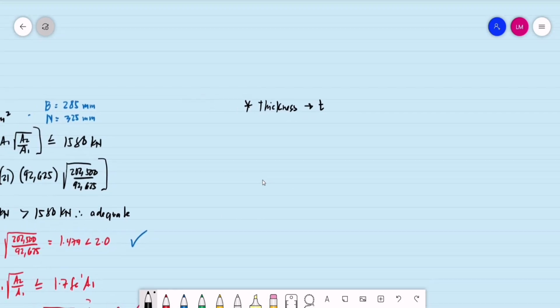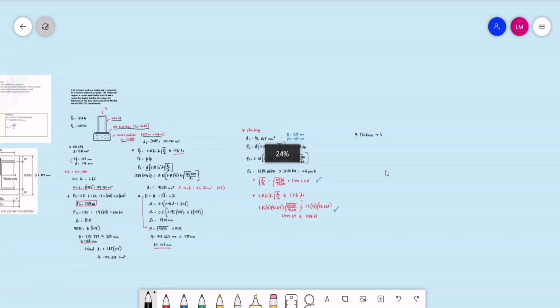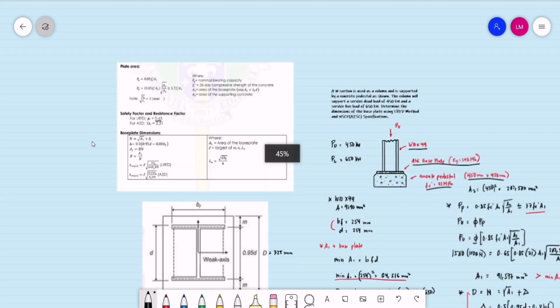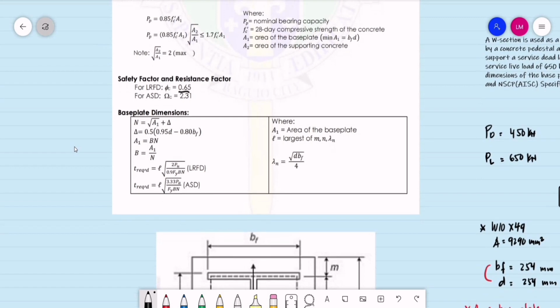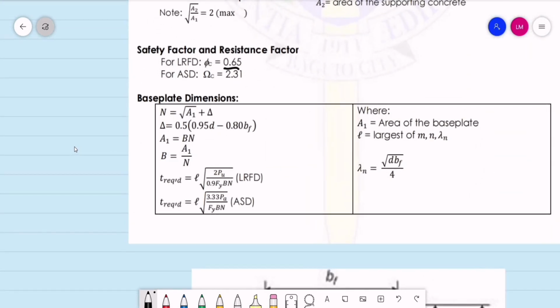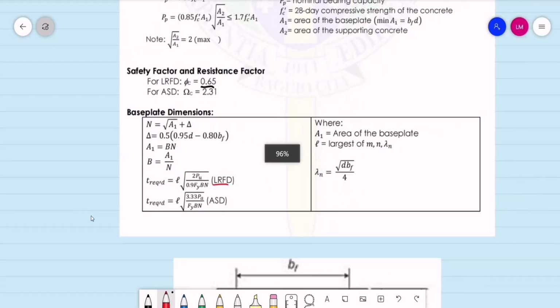Again, how do we compute for the thickness based on the equation from our reference? We are using LRFD. So the thickness is equal to l times the square root of 2 Pu divided by 0.9 Fy B N.